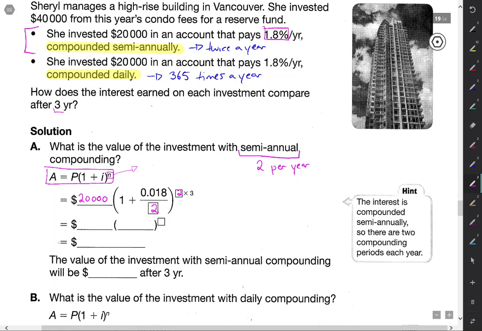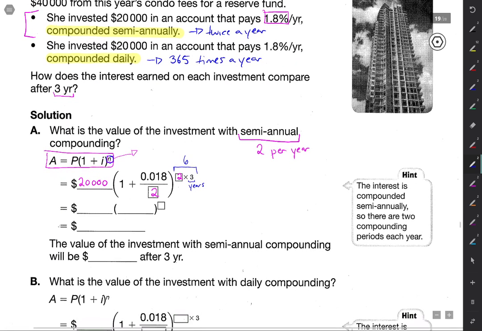So if we're compounding the interest twice a year for 3 years, we will end up compounding it 6 times. That's why we do this whole calculation up here, 2 times 3, because we're compounding it twice a year for 3 years. So that's going to equal 6 times, and eventually our n is going to become 6 in the next step.